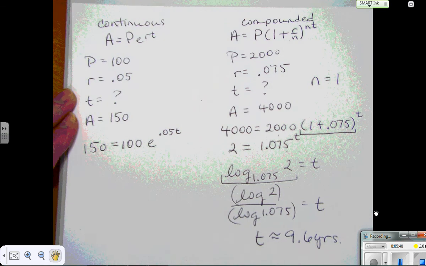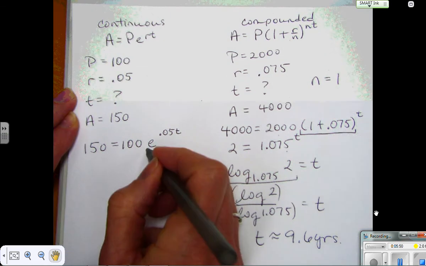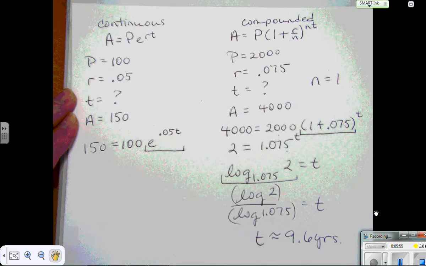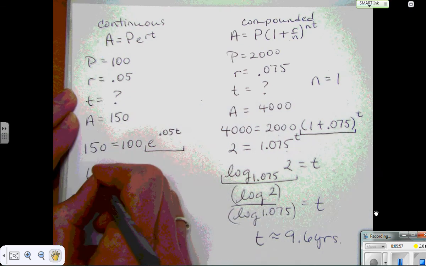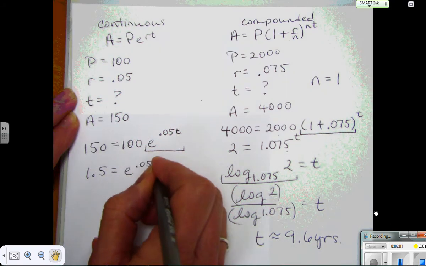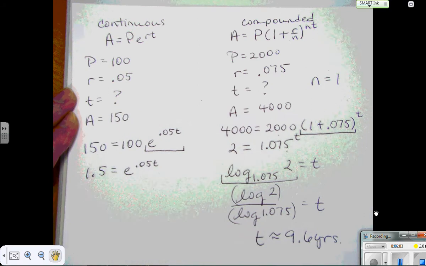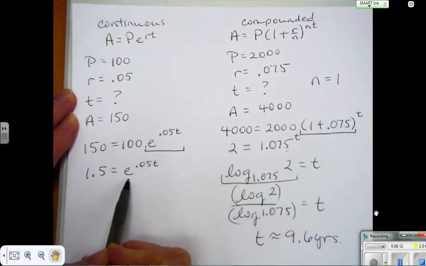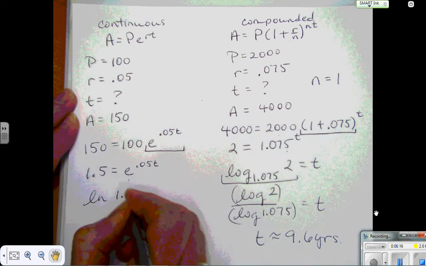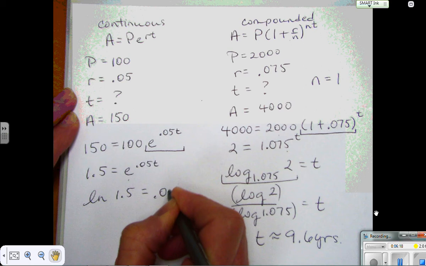So we're going to solve for T, which means I need to get the e and the power isolated, so I'm going to divide by that 100. And now I'm going to rewrite this as a logarithm as well. But this time, since it's in base e, I'm going to use ln. So ln of 1.5 equals 0.05t.